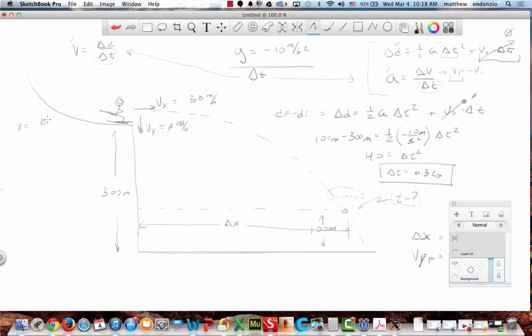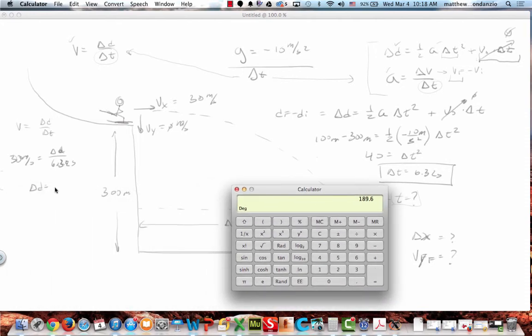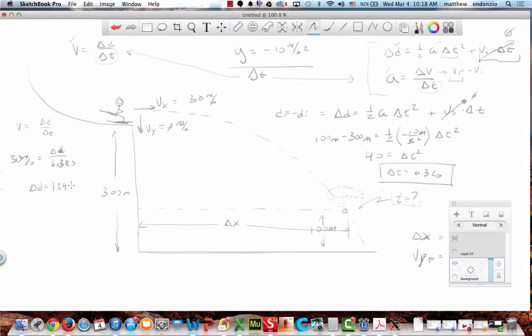Yeah, so v equals delta d over delta t, and my velocity is 30 meters per second, my delta distance is what I'm looking for, over my delta time, which is 6.32 seconds. That means my delta distance is going to be 30 times 6.32, which gives me 189.6 meters. Does that make sense?